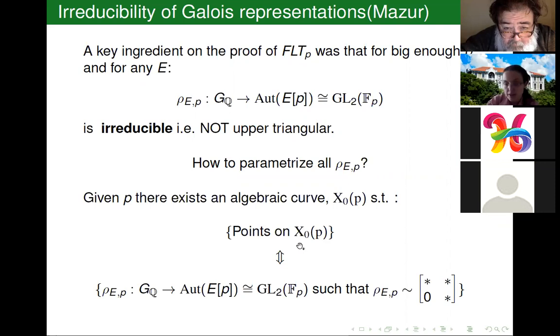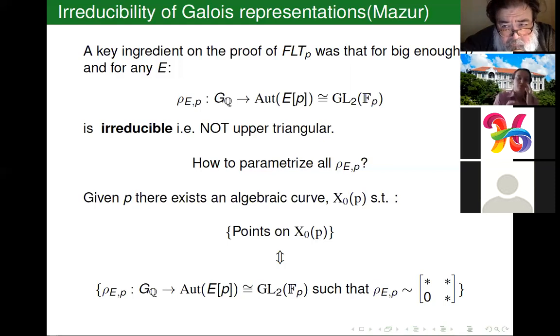The points on this curve X0(p) are in correspondence with reducible Galois representations, with representations that are given by upper triangular matrices. So if you can say that this classical modular curve has no rational points, or to be more precise, no rational points other than cusps, then the representations that you're looking for are all irreducible.